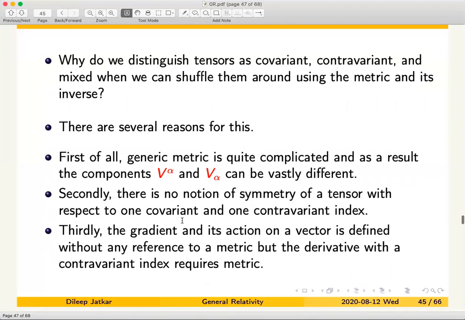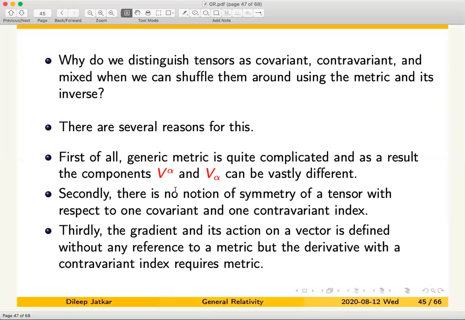Now, second thing is that you may have a tensor which has one index upstairs and one index downstairs. If you pull that index so that both indices are downstairs or upstairs, doesn't matter, then you may be able to define a symmetry or anti-symmetry property of the tensor.